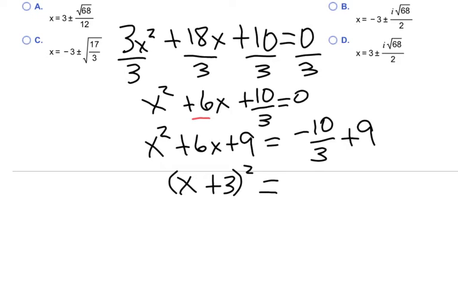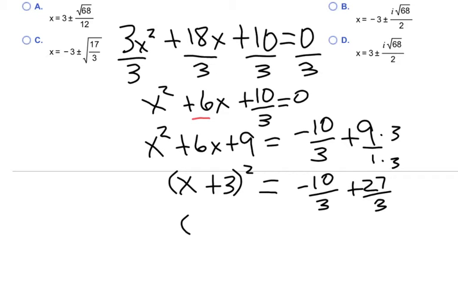Now that is equal to, and I've got to clean this up a bit. So I need to change my 9 so that it is a fraction with 3 as a denominator. Right now it's 9 over 1 if I want to make it look like a fraction, but I need it to have a denominator of 3 in order to combine those two terms. So I'm going to change that by multiplying top and bottom by 3 so that I get a negative 10/3 plus 27/3.